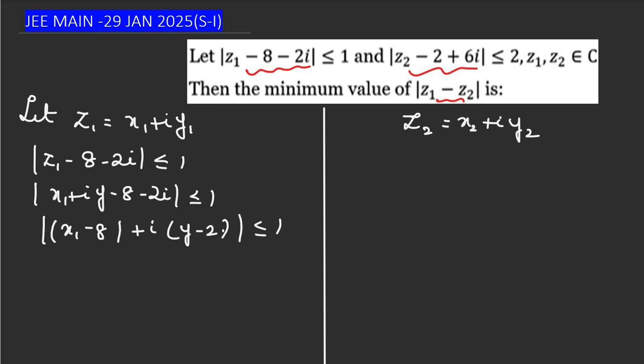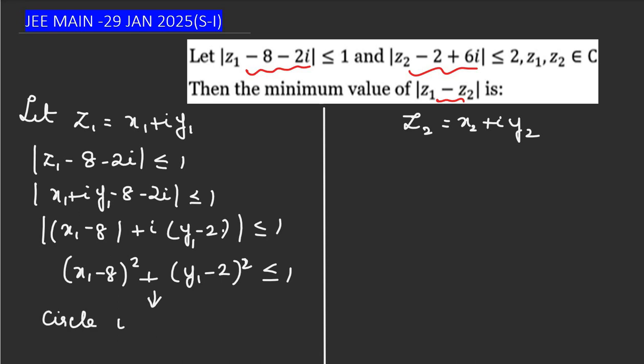The modulus value is nothing but (x1 minus 8) the whole squared plus (y1 minus 2) the whole squared is less than or equal to 1. Now this represents the equation of a circle with the center as 8, 2 and radius equal to 1.